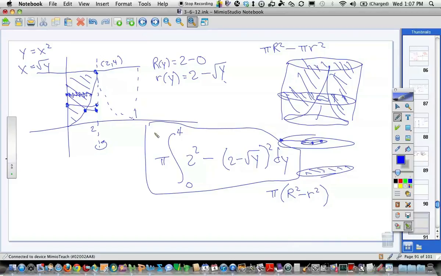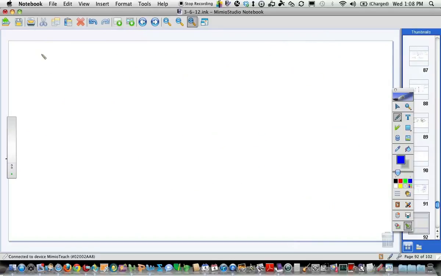Let's take that same region. No, let's do it better. I'm going to give you one region, 2 different things to revolve it around, and see how you do. Then you can kind of check with each other and see how you're coming. So let's take this region, bounded by y equals x squared and y equals square root of x.